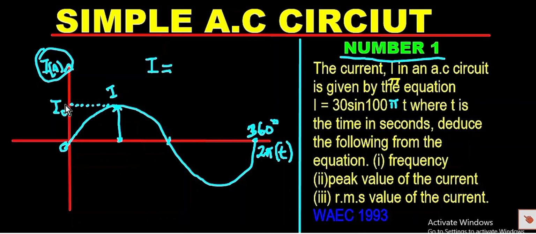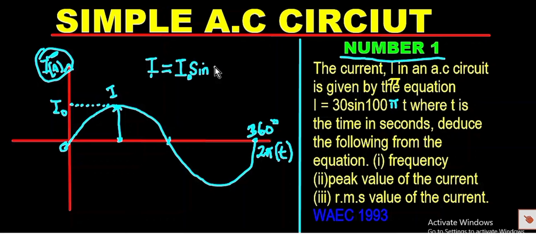a peak value, which is going to be the coefficient of sine. This current, which I am presenting as I, and this maximum displacement of the current from the origin is I naught, which is called the amplitude.